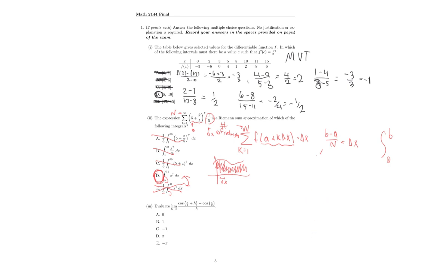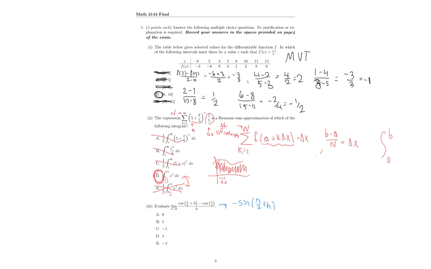For this next one, we want to evaluate the limit as h goes to 0 of cosine of pi over 2 plus h minus cosine of pi over 2, over h. There's kind of two ways we can do this. We could use L'Hopital's rule because the top goes to 0 and the bottom goes to 0. You can take your derivatives. Derivative of cosine is negative sine of pi over 2 plus h.